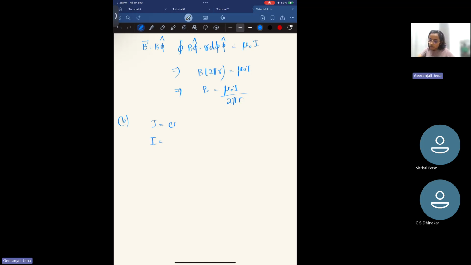If you want to find the total current, it is the integral of J dA perpendicular. J is in this direction, so dA should be the area element of this surface. So J is C r and dA is r dr d phi.